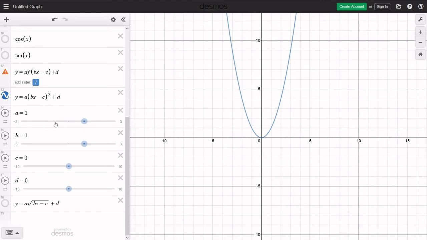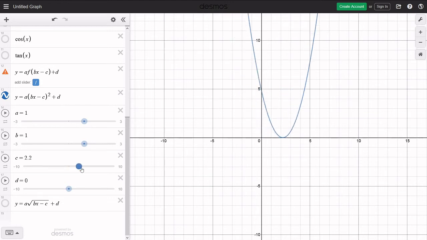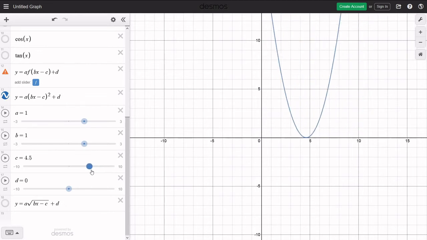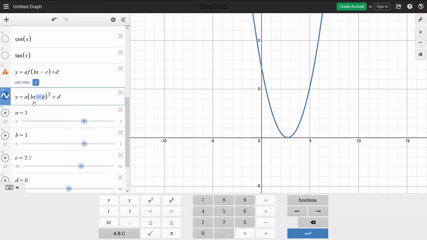Now, let's look at c and d first. If c is positive, you see that it moves to the right. That's all that changes there. Of course, c being positive will end up looking like a negative c in the actual function.